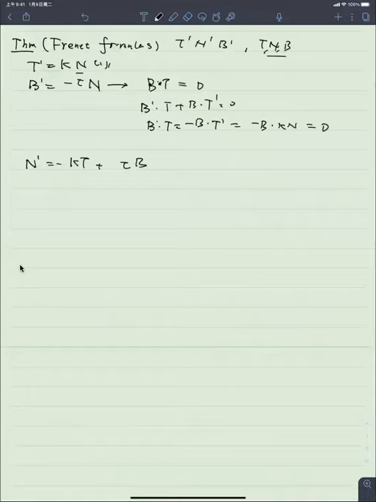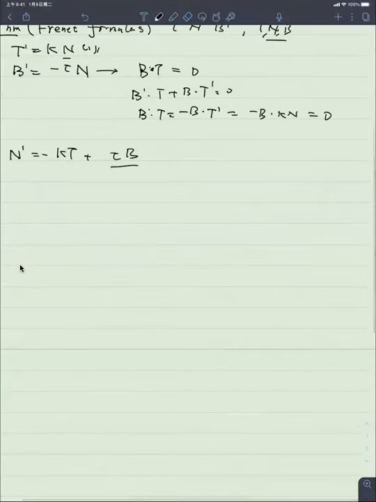And the third equation tells us there are two components: one is the curvature times T, and the other is the torsion times B. And we can see the positive and negative signs are opposite to the first and second equations. So together they are kind of beautiful because they form a symmetry.